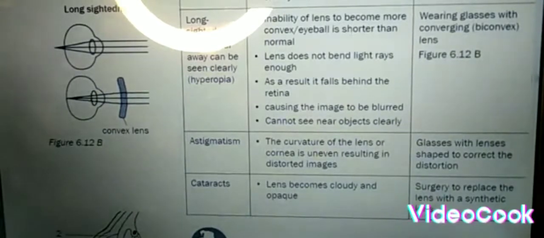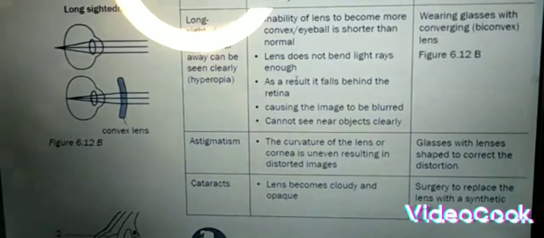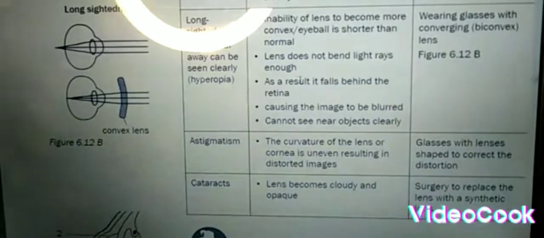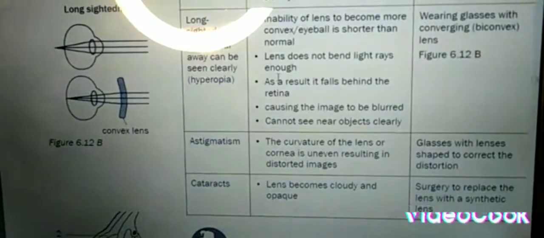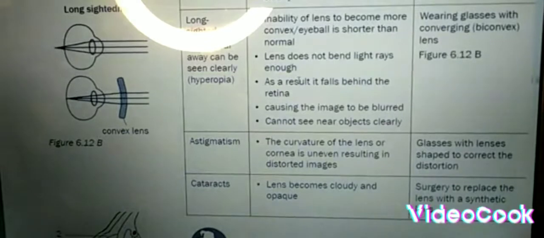This is caused by the inability of the lens to become more convex, meaning the eyeball is shorter than normal, the opposite of nearsighted people. Here the lens does not bend light rays enough, so the light falls behind the retina.